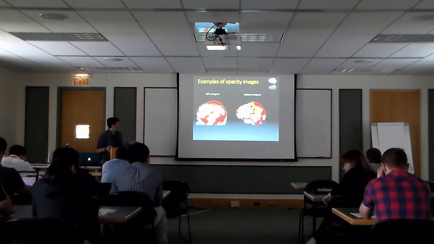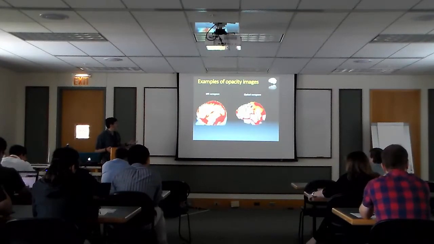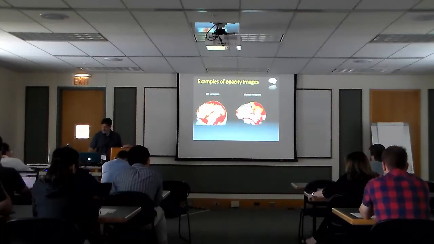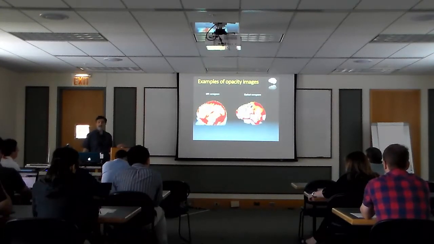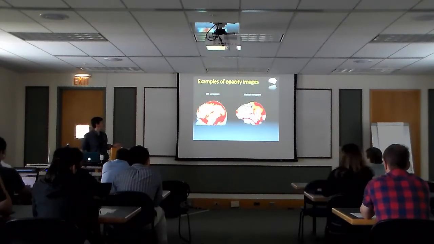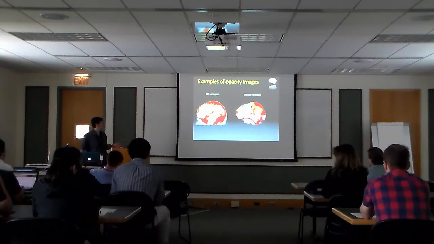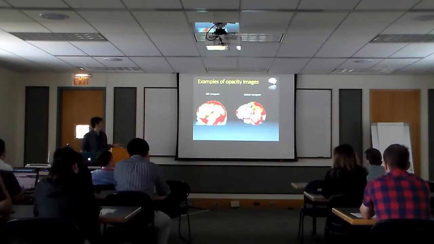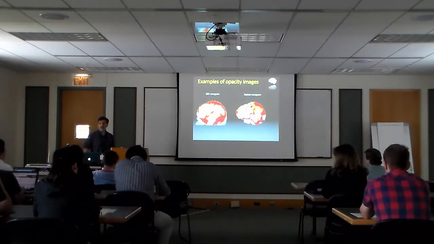Because of this, the veins are the main container of blood in your body at any particular moment, and they absorb light of the wavelength that we are using quite a bit, which is about 690 to 830 nanometers. The consequence is that you see the veins using this approach. Okay, so you can make a map of where the veins are in the brain using this particular method.